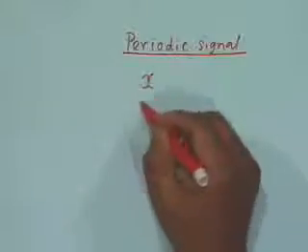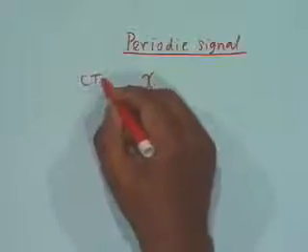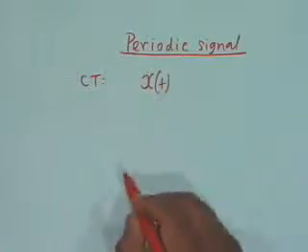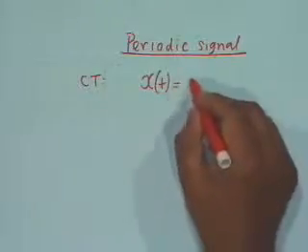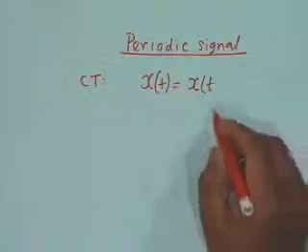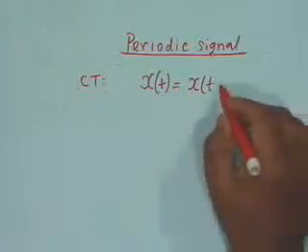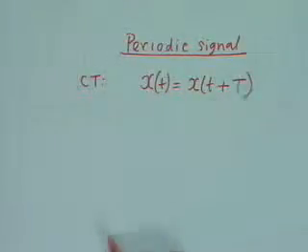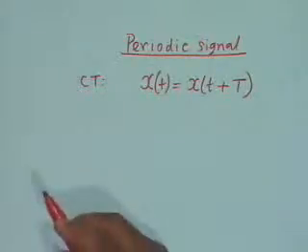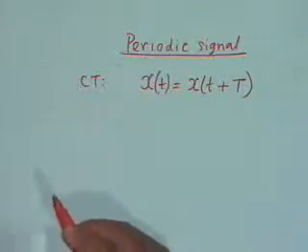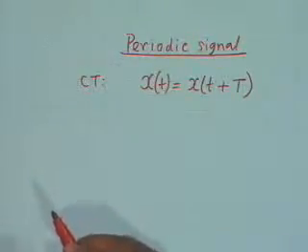To be precise, we will define a periodic signal like this. If it is continuous time, then I will say x of t is periodic if and only if there exists a constant capital T such that x of t is equal to x of t plus capital T. This is the definition of a continuous time periodic signal.